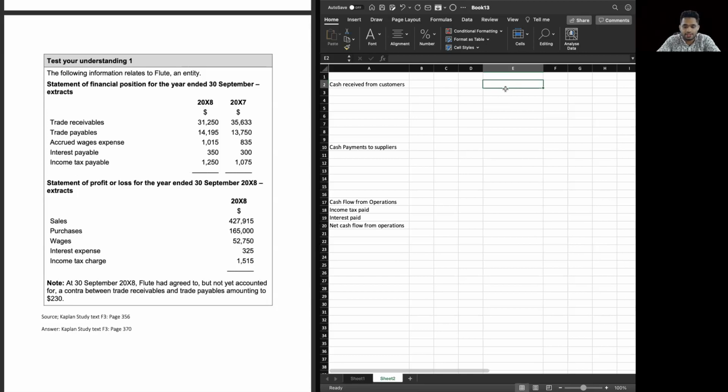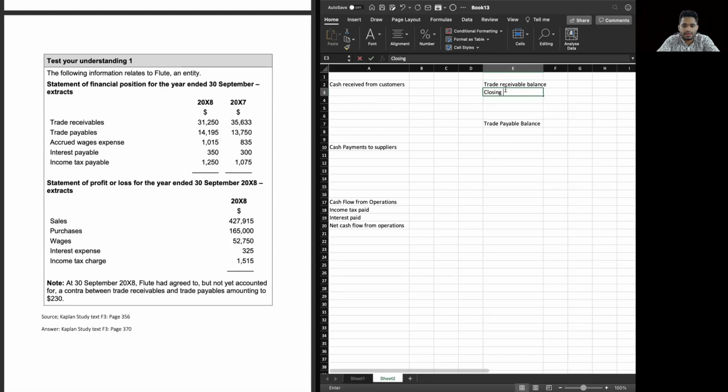So this basically means your trade receivable closing balance and your trade payable balance is going to be changed.